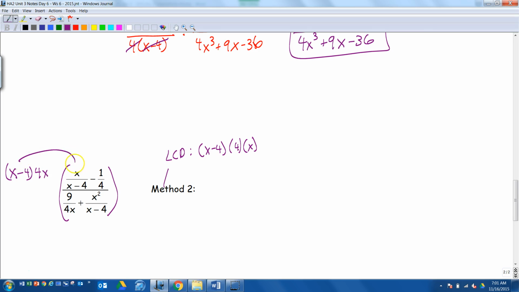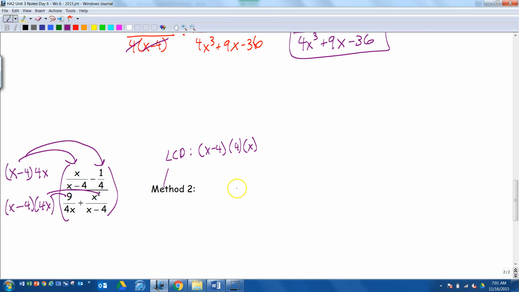And again, this is going to the tops only. And then we do the same thing for the bottom. And it goes to the tops. Okay. Remember, you don't want to actually multiply though. You want to leave it as factors. So here's what we end up with.